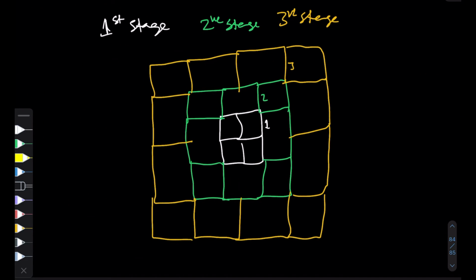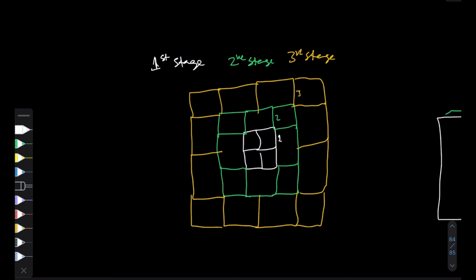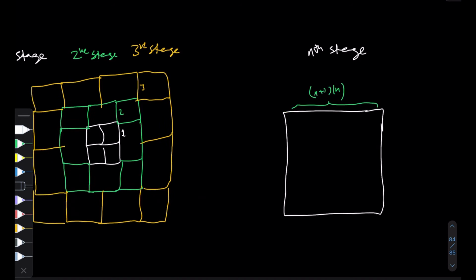For example, in my second stage, this length was 2 multiplied by 3, and since this is a multiple of 3, I can wrap it around with boxes of length 3. And in this one, it was 1 multiplied by 2. Since it is a multiple of 2, I can wrap it around with boxes of length 2. Therefore, if I am at any nth stage, I can always get to the (n plus 1)th stage.